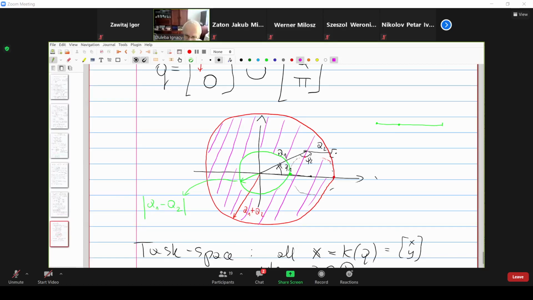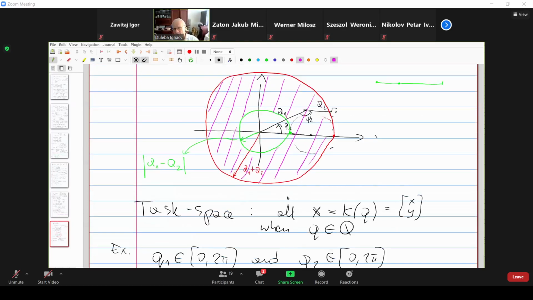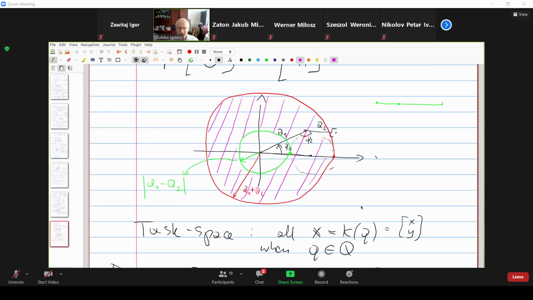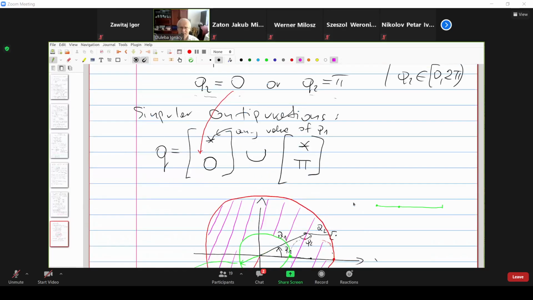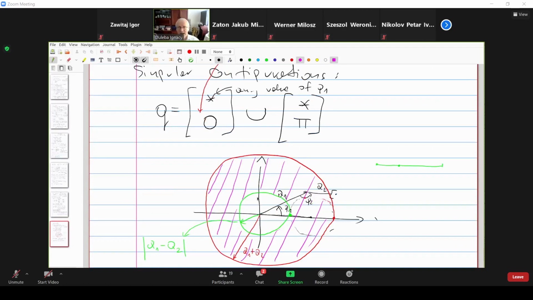And in this context, let's have a look at where the images of singular configurations are, okay? As I've mentioned, singular configurations look like this. So let's examine these. Let's take a value of 0 here, and we will obtain this point, as you can see.